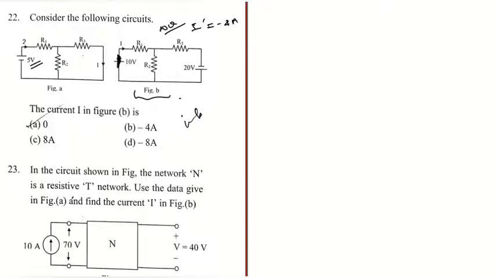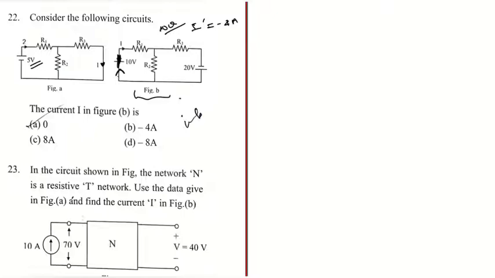Okay, so when it was 5 volt, the current flowing over the short circuit terminal was 1 ampere. Now when it is minus 20 volt, the current will be in the opposite direction, that is in this direction only.